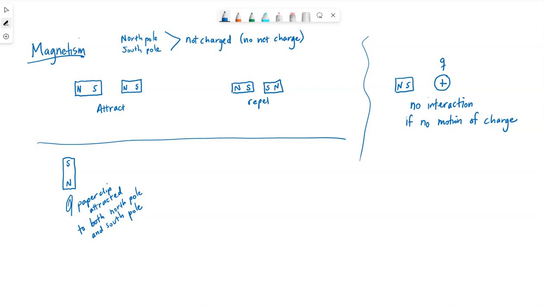Not all materials are attracted to magnets. Materials that are attracted to magnets are called ferromagnetic materials.